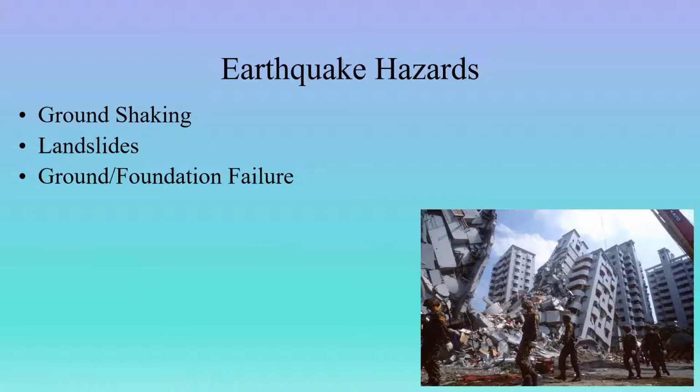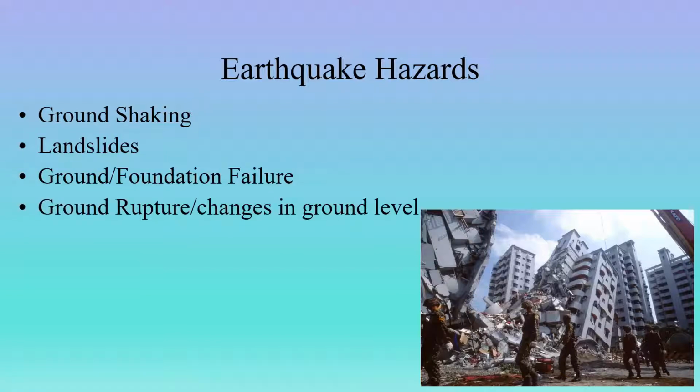We saw that in the video of Mexico City last time. And then ground rupture, changes in ground level. So, the ground, or foundations, can fail, right? Or they can rupture and change in ground level, or slide past, right? These, of course, are not going to be good, especially if you decided to build a building across that fault, right?